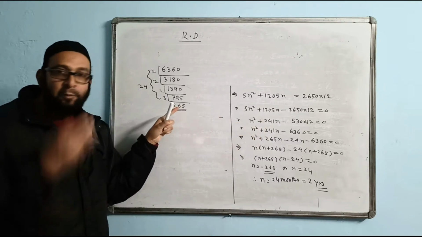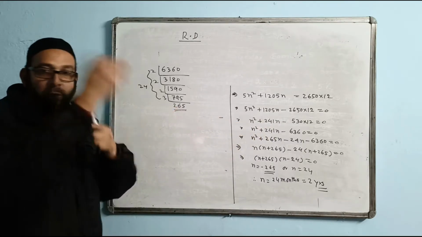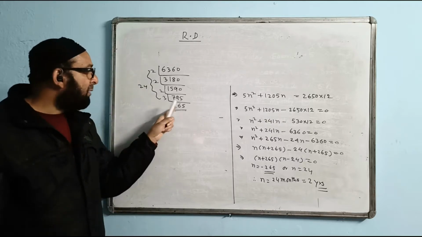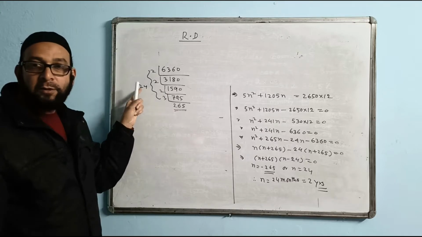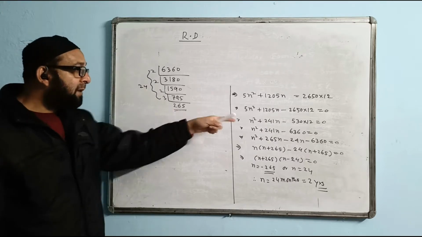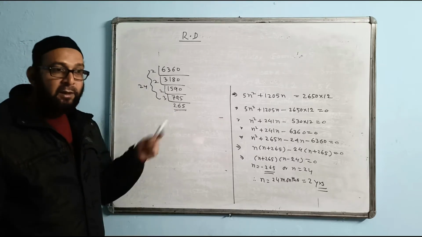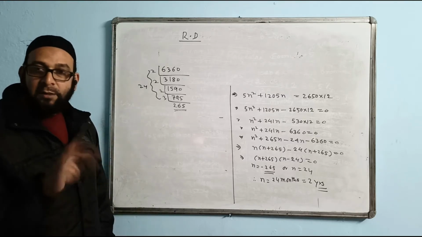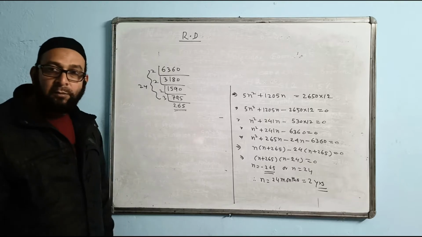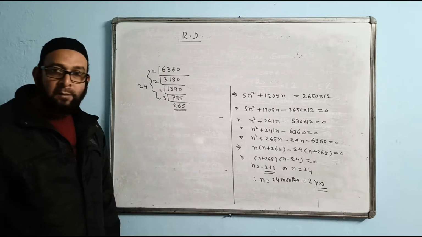You have to get slightly more than that, means something in 200 but on the higher side. So you are getting 265. You stop it here, don't break further and check the multiplication of the remaining ones. And minus it, you must be getting that answer. And I am getting, and you will also get it when you are doing it. By subtraction you must get the answer of the middle term. And then you will find the answer.